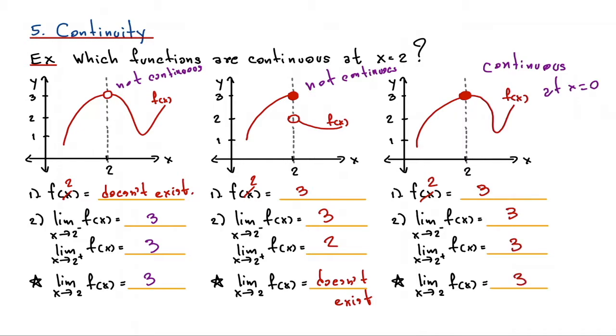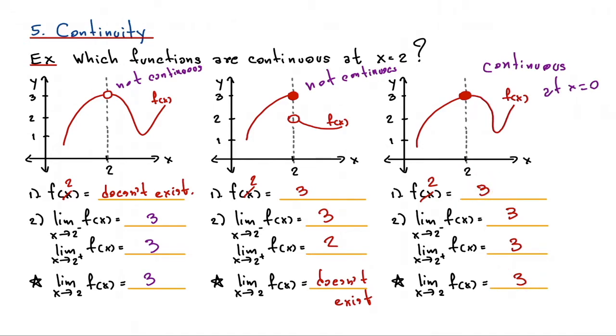So if you observe this example, the function f is continuous if and only if f at that point is the same as the limit. Otherwise it's not continuous. In order for f to be continuous, the value of f at that point must be the same as the limit.